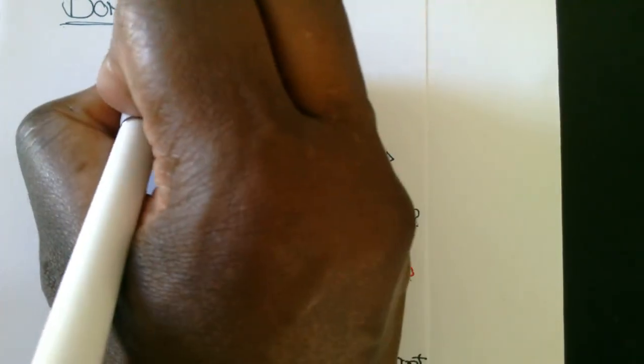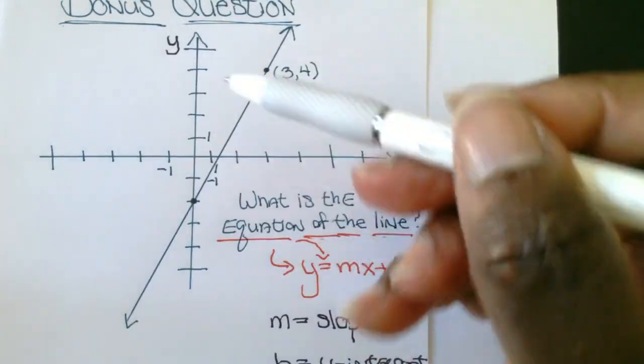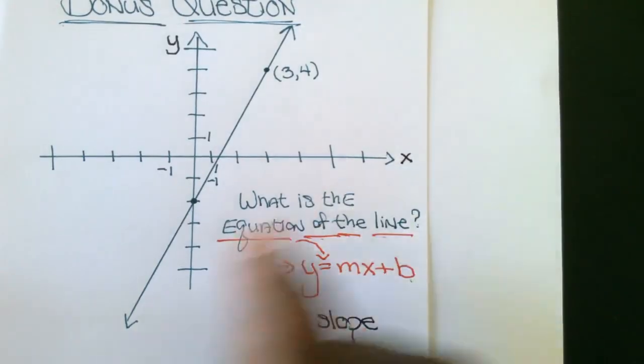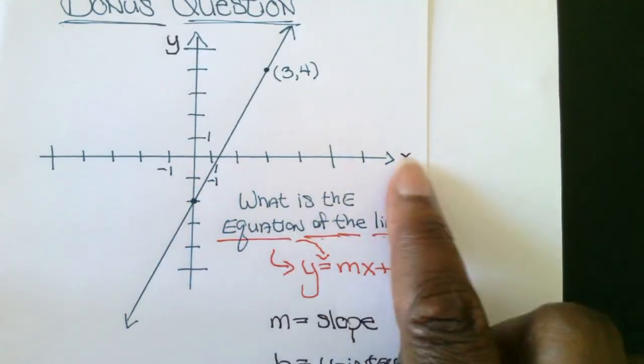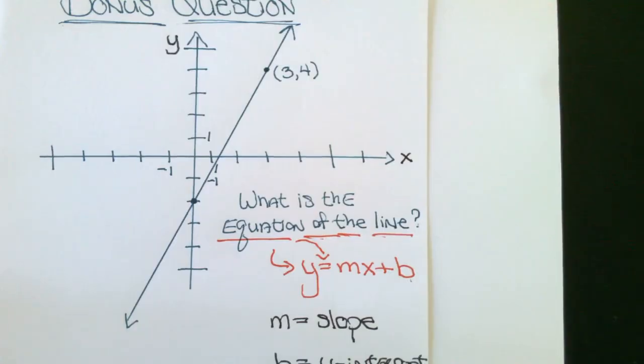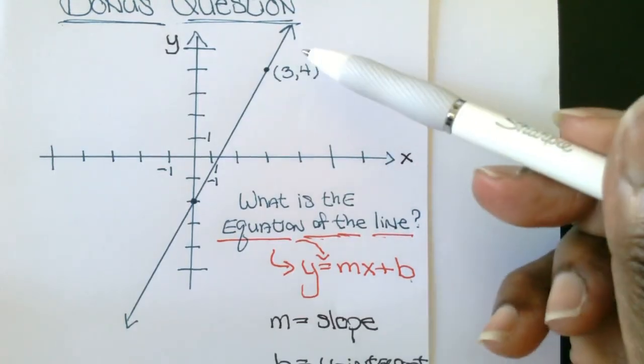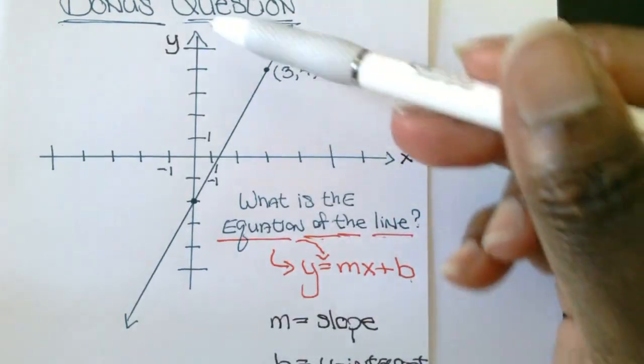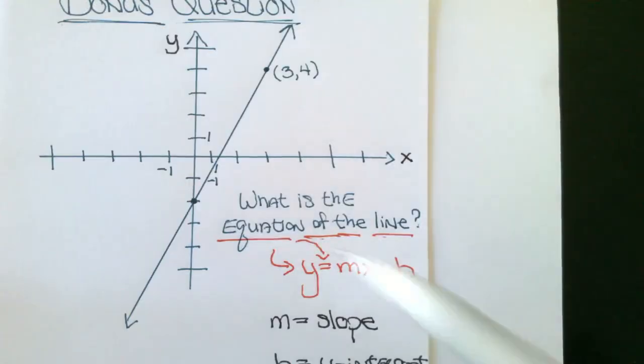Now, the y-axis goes up and down. The x-axis goes left to right. Okay? So, where is this line crossing the y-axis?